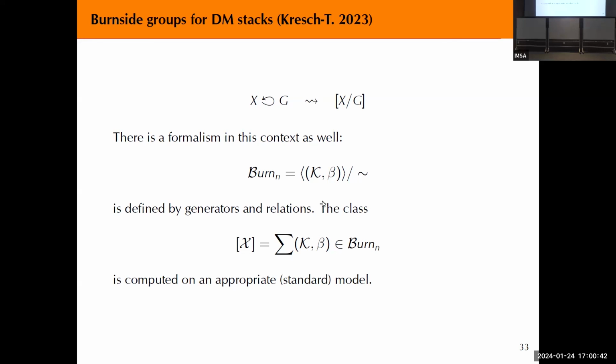Namely, you look at all loci on your stack where you have a non-trivial generic stabilizer. It's a stabilizer stratification. You compute this on an appropriate model where all the stabilizers are abelian. And beta is again sort of the representation. And well, we show that whatever we define on symbols and relations is actually a birational invariant for stacks.